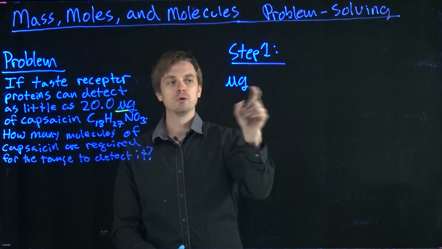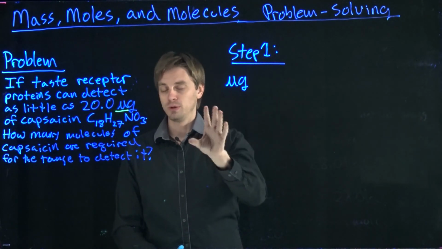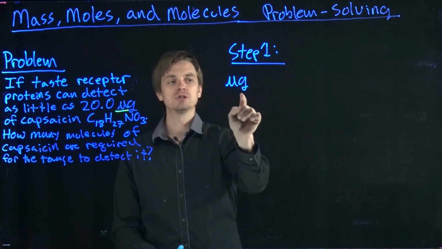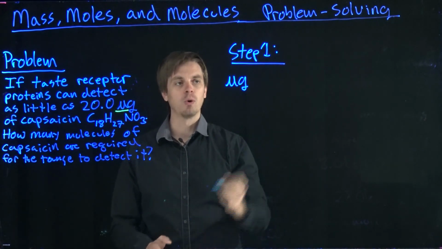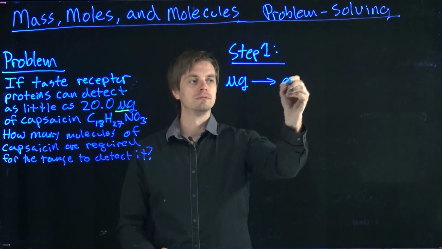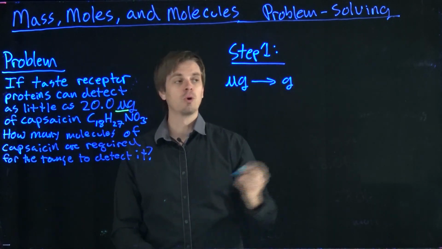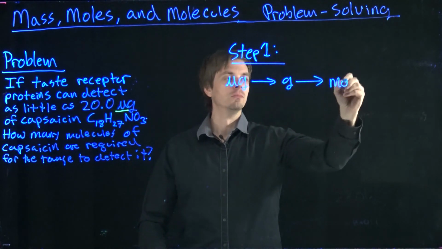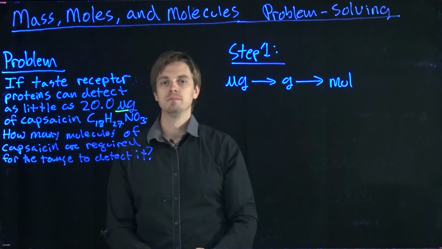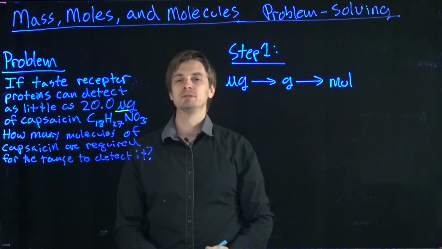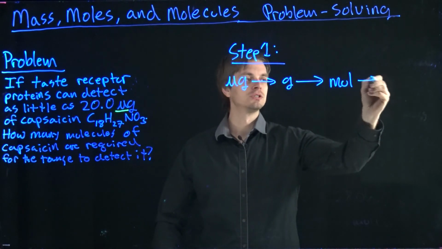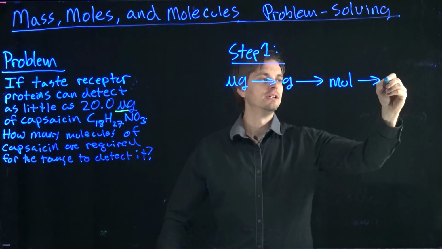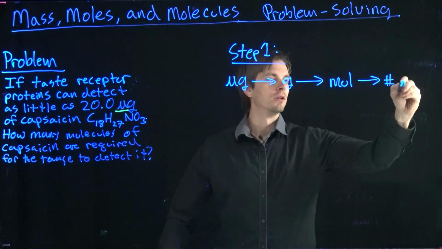So if we are going to apply our molar mass, as we will have to in a bit, we're going to first need to convert this microgram quantity into grams. Once we have grams, then we can use our molar mass to get to moles of capsaicin. Once we have moles of capsaicin, we can then use Avogadro's number to get to the number of molecules.